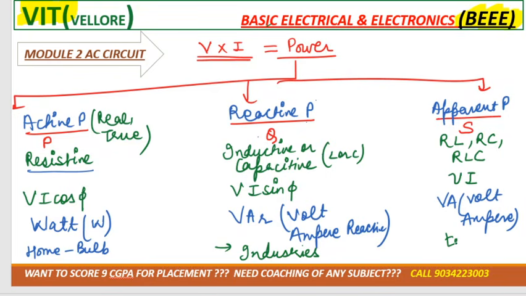Apparent power is where we are mainly using transformers. Okay, note this down, this is very important. Basically, apparent power is the combination of active power and reactive power.